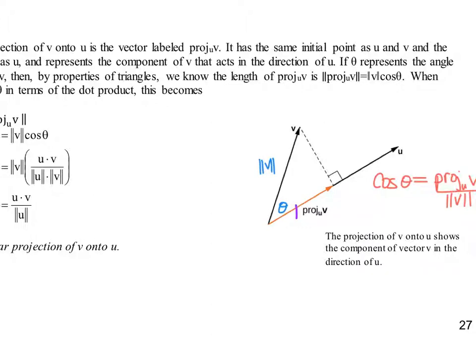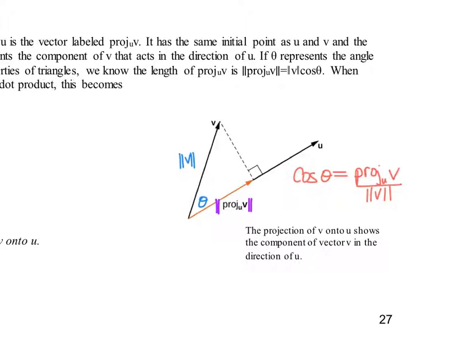So if I know the magnitude of this projection, then I can divide it by the magnitude of vector v, and that would give me the cosine of theta. But more importantly, it tells us through cross multiplication that the magnitude of the projection would be equal to the magnitude of v multiplied by the cosine of theta.